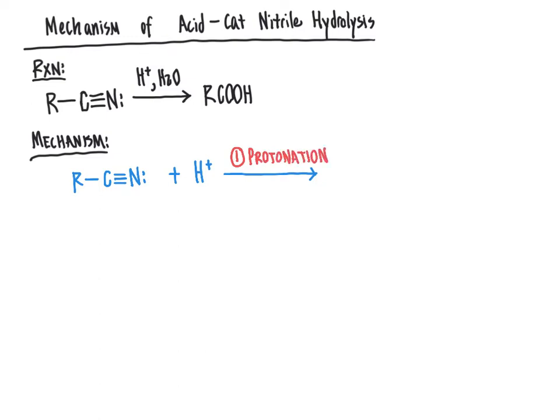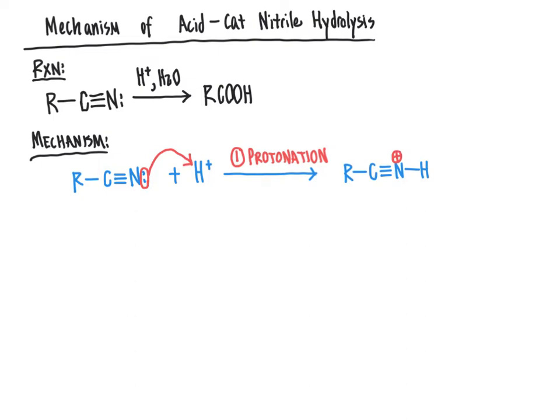So we're going to go ahead and protonate, and what we will protonate here is we can bring the lone pair of electrons from the nitrogen over to attack that proton, creating a protonated organic intermediate. So we'll go ahead and show that protonated organic intermediate of that new NH bond.